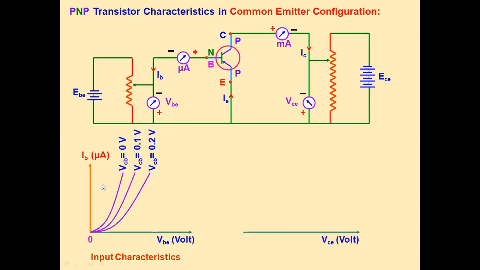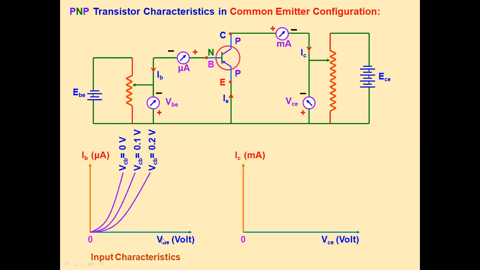This input IB characteristics is the same as the characteristics of a PN junction diode in forward biasing. And with increasing VCE, the IB current slightly increases. So this is the input characteristics. Be careful, IB is always in microamperes, and this is the input voltage.